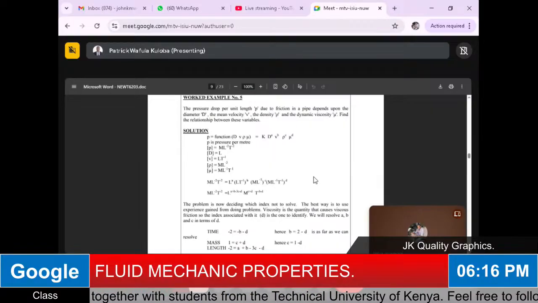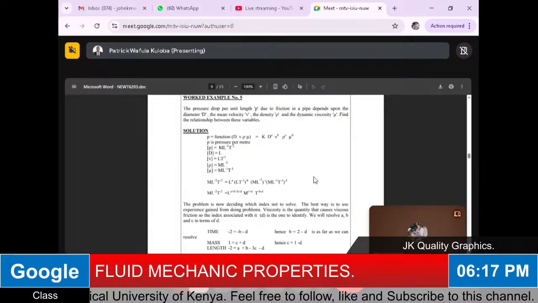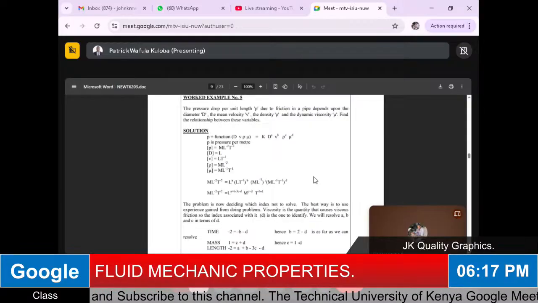For diameter, it's just a length, it's just L. For velocity, you saw it's a length per unit time, so L T raised to minus 1. For rho, density, of course, it is mass per unit volume, so M L raised to minus 3, because there are 3 L's to get a volume.